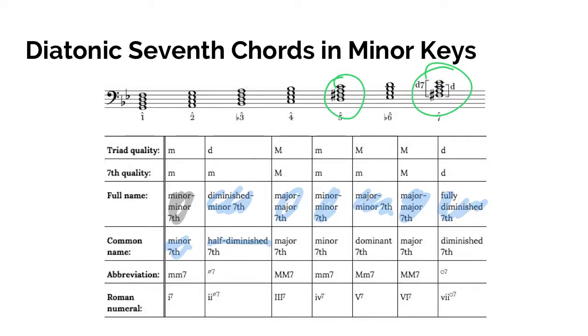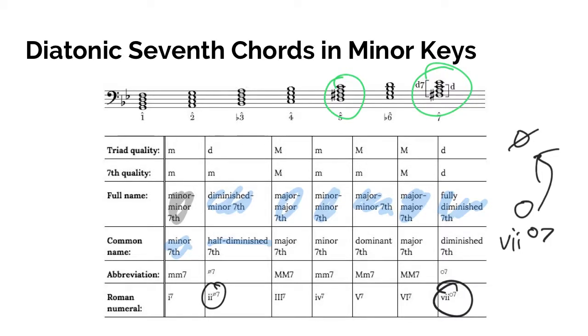We notate our fully diminished chord with just the circle. So 7, fully diminished 7, versus what we saw in the other chapter, half diminished. Again, the 2 chord is half diminished, the 7 chord is fully diminished.